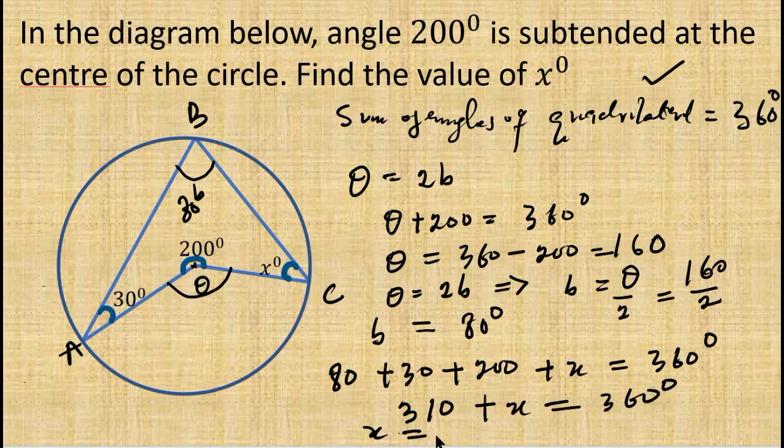Therefore, x will be the same thing as 360 degrees minus 310, which is equals to 50 degrees.